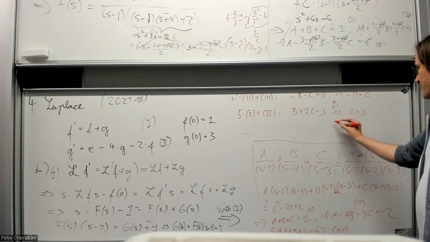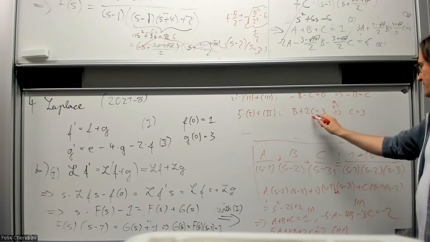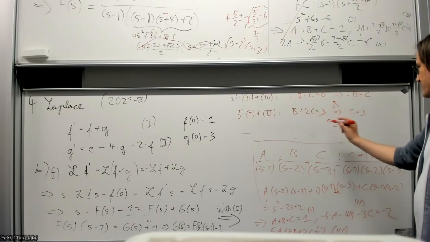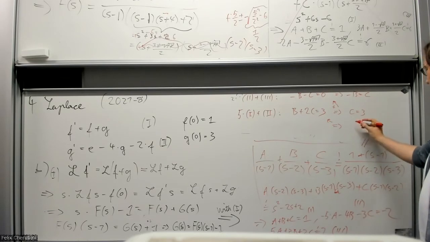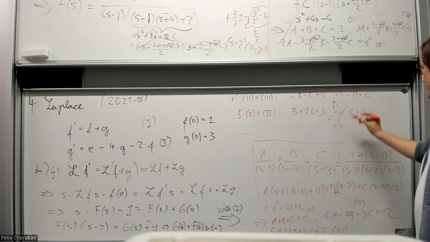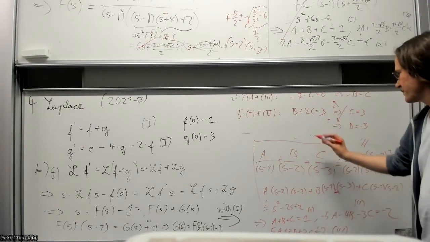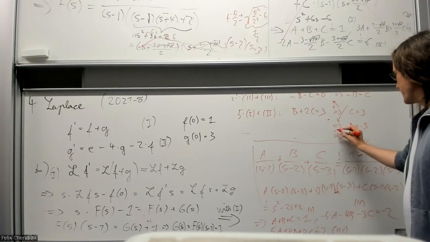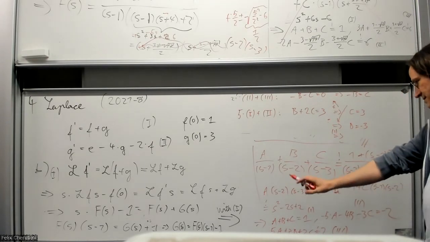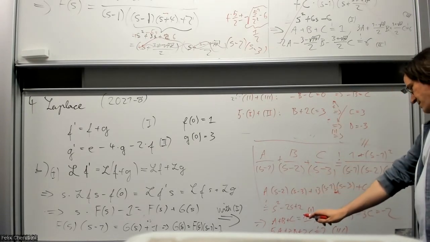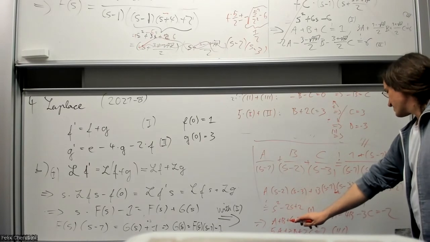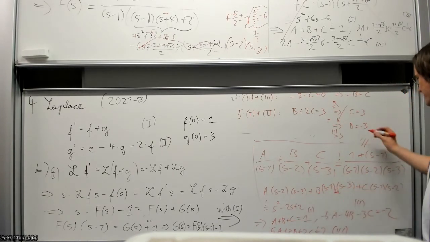And now I can solve backwards for everything else. So with this equation, if I plug in 3, I get 6 here. So that's something I already know. I can use this one. So with this one, I know b is minus 3, and then I can use 1 to solve for a, and a is just 1.